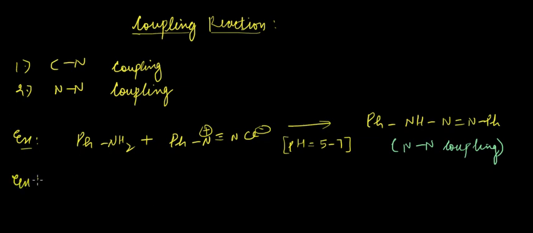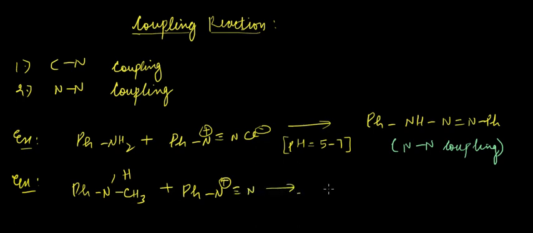Okay, let's take another example. Here we have this compound and we are reacting it with again diazonium salt. We'll get something like, again, we will actually look into the mechanism of this reaction in a short while, but for now I am just drawing the products.